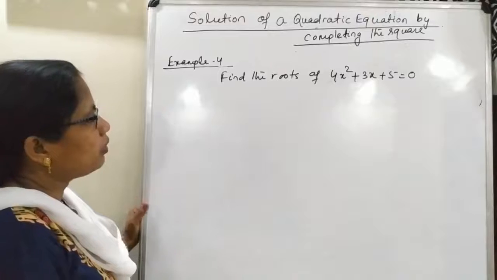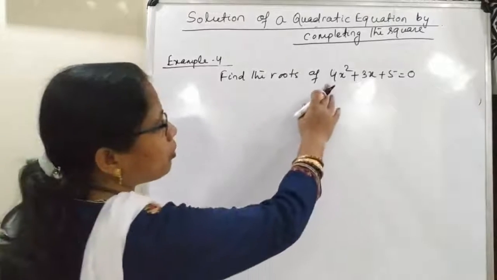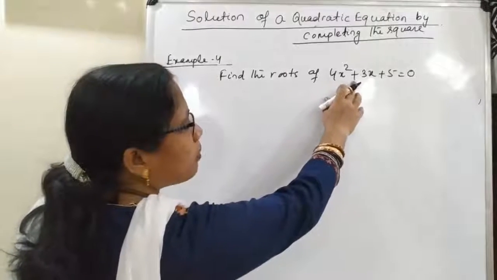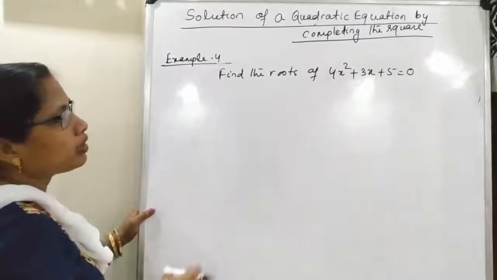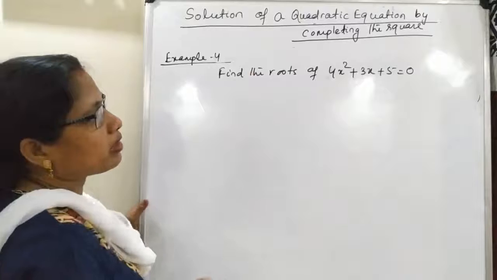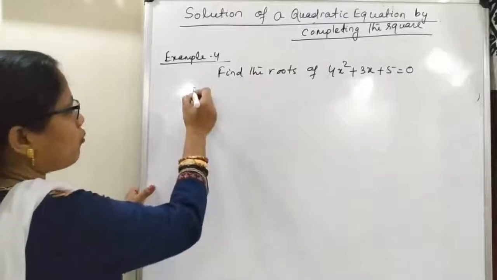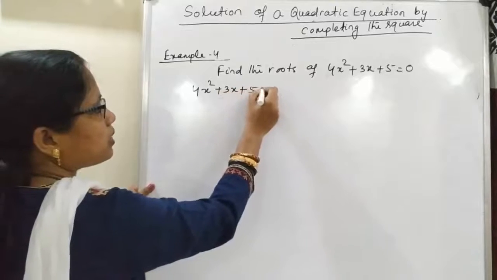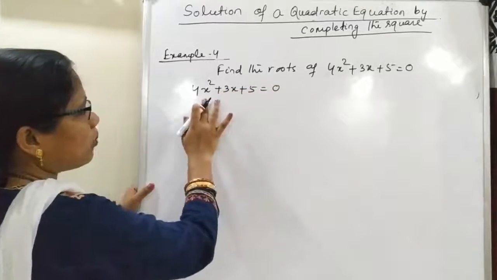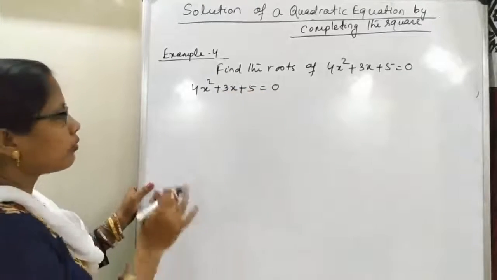Next example, find the roots of quadratic equation 4x square plus 3x plus 5 is equal to 0. We will find the roots by using the method of completing the square. So 4x square plus 3x plus 5 is equal to 0. Here 4x square is the square of 2x.